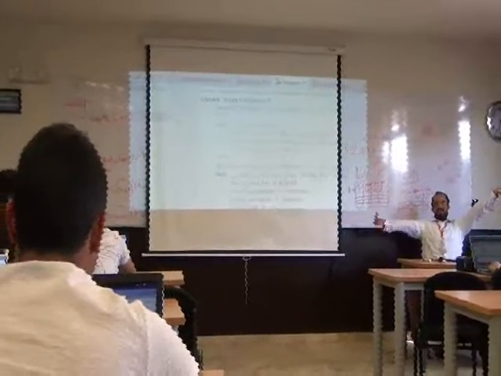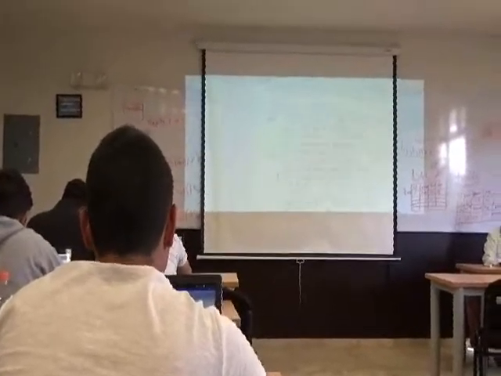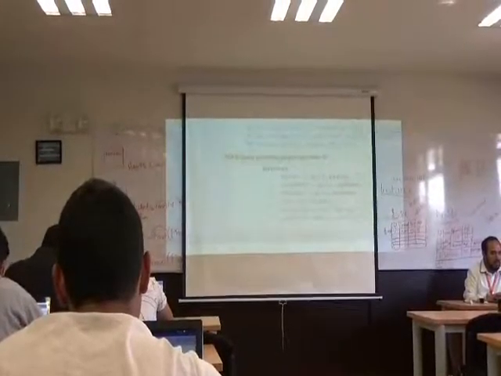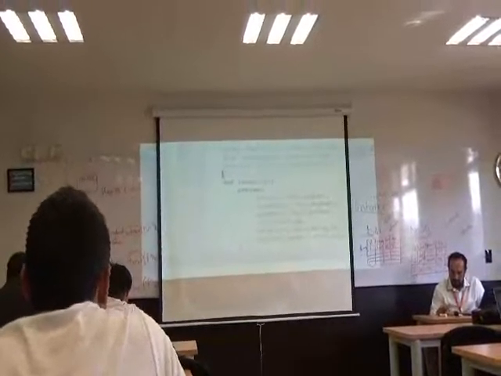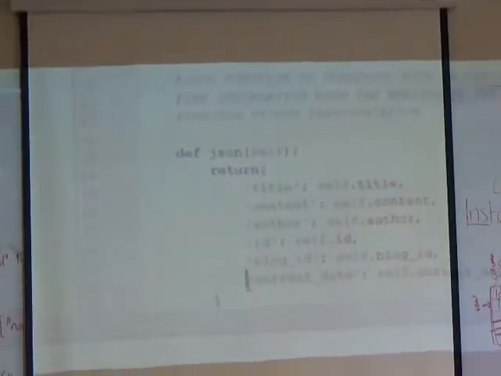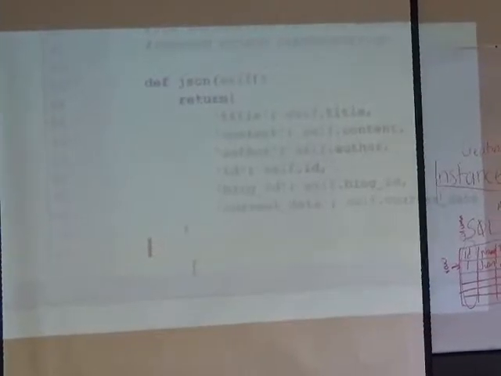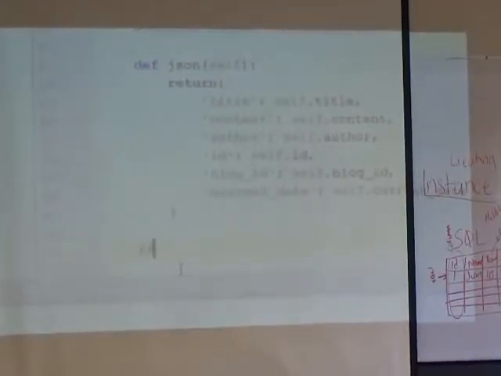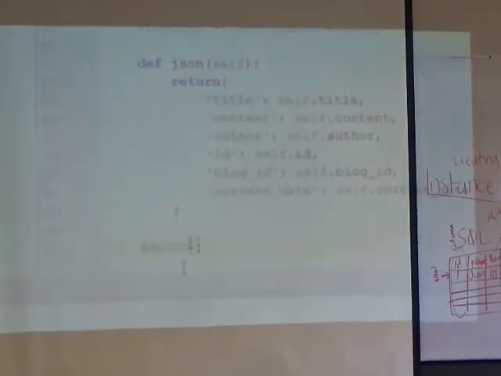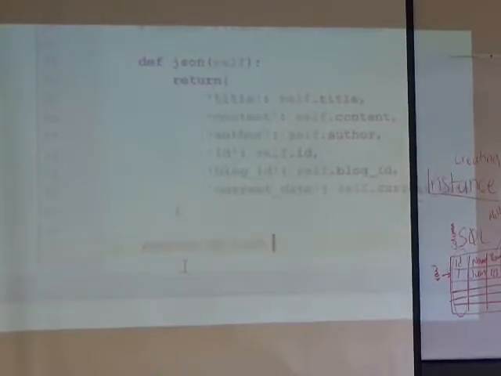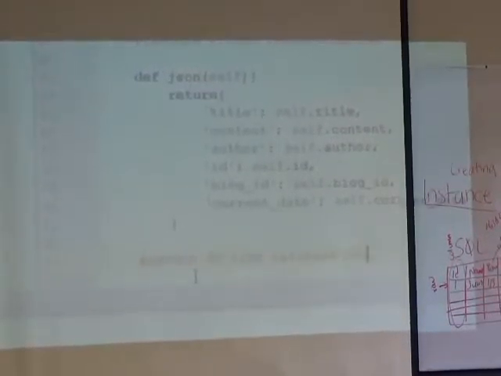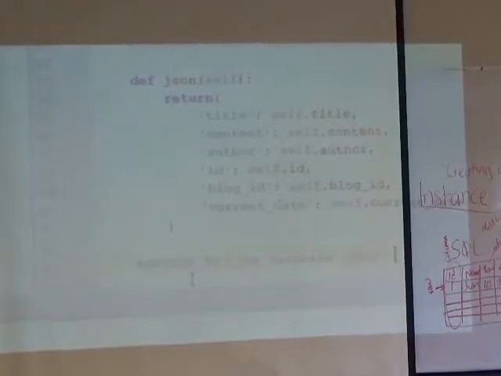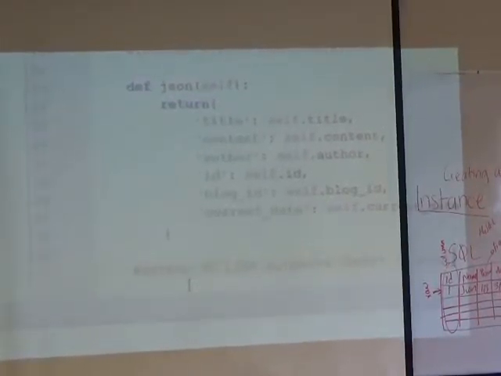Okay. So then I will go before JSON, and I will define a method, or it can be over here as well. Here. Method to link database insert in post class.